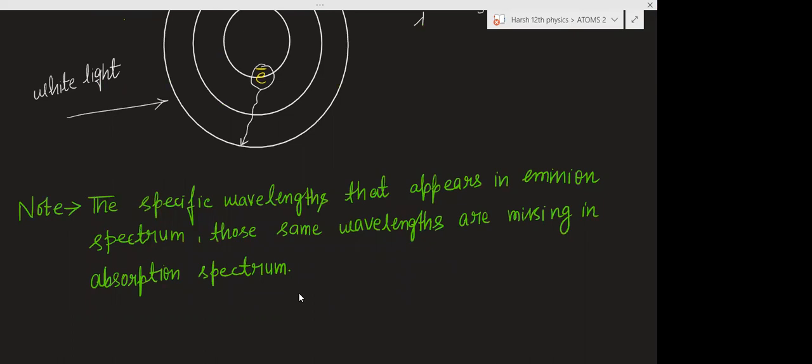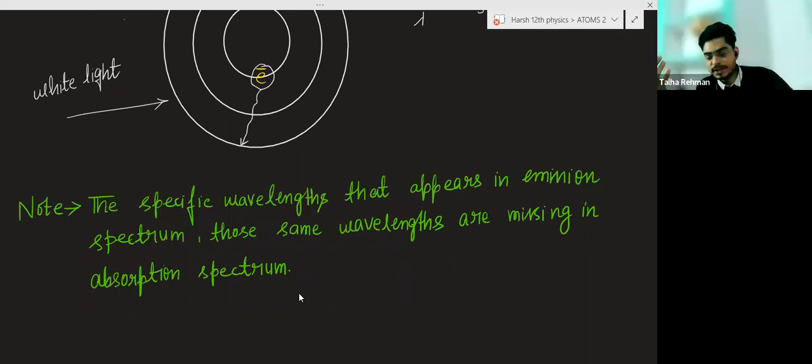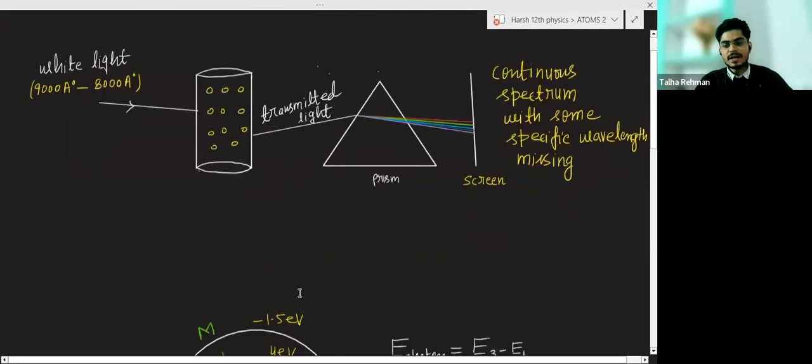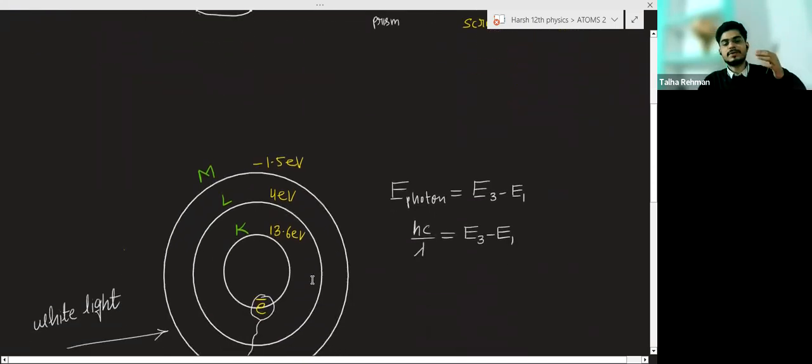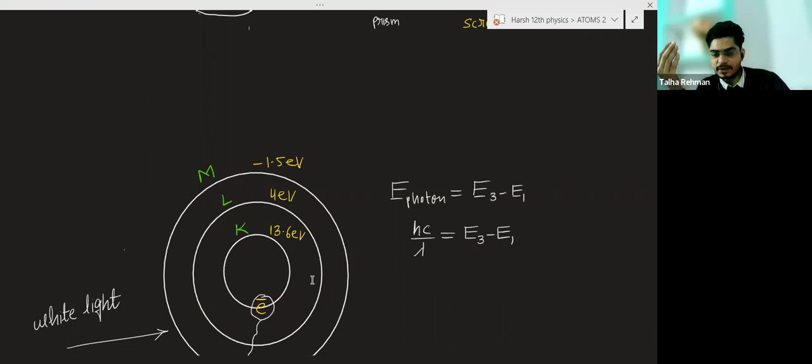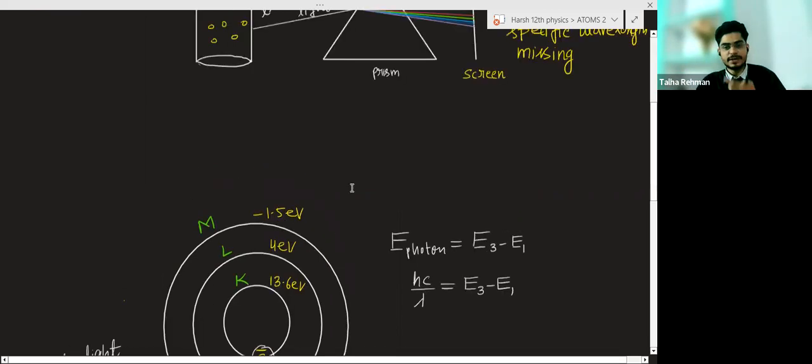There it will be unstable, and when it moves back to the lower energy level, it will emit some energy with a specific wavelength. Those discrete wavelengths are basically the spectrum that you are getting on your screen.